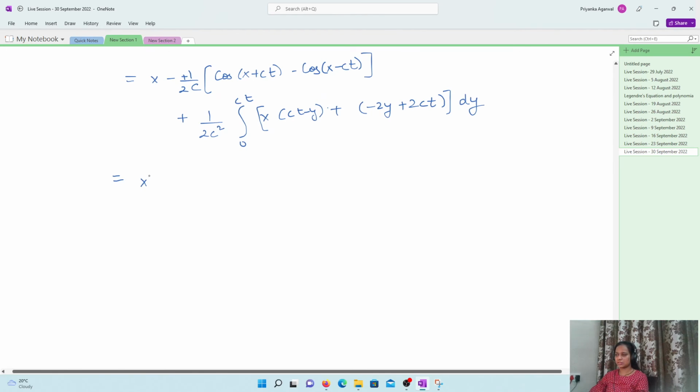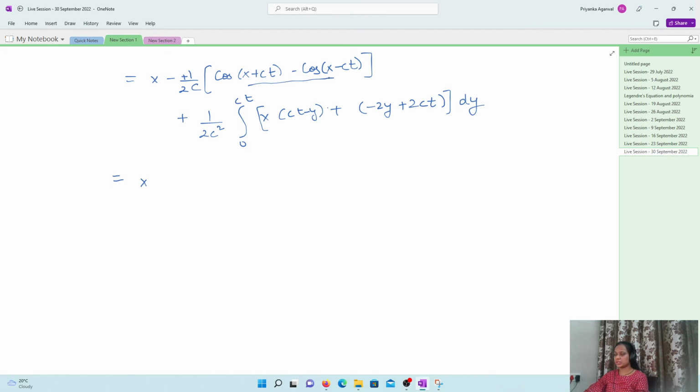So this can also be expanded: cos(a plus b) minus cos(a minus b). It is cos a cos b minus sin a sin b, so this way the cos terms would get cancelled, and then we have the minus sign with the sin terms.